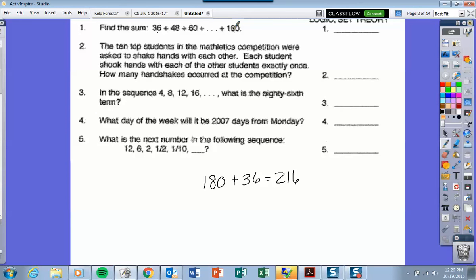Now, what I'm going to do is say, well, what's the difference between those two? So I have 180 minus 36, which gives me some number, and we'll get there in a moment. I'm going to divide by, well, we're adding 12s each time, and so how many 12s am I adding is going to be there. Excuse me as I try to read my own handwriting.